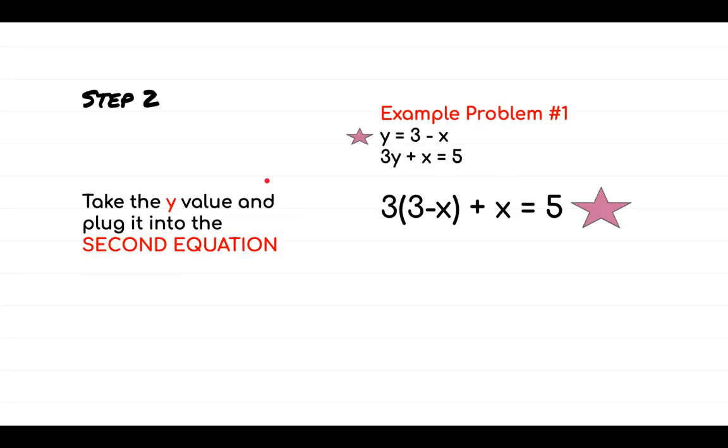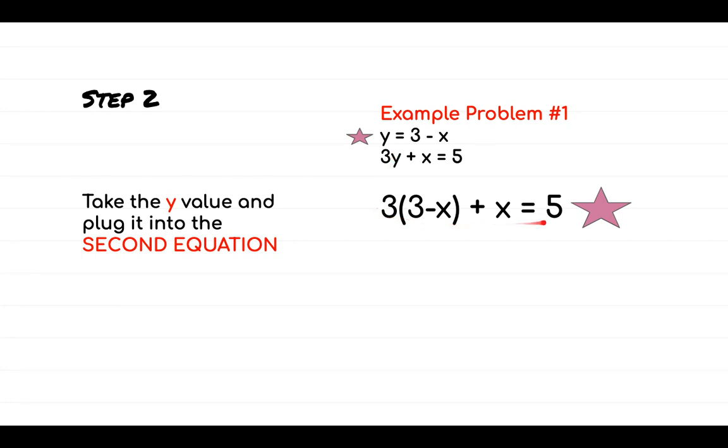My step 2 is to take that y value, since I have that y value already isolated, and plug it into the second equation. So I take this value here, 3 minus x, and I plug it into this second equation where my y is.